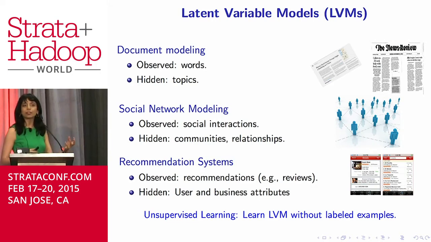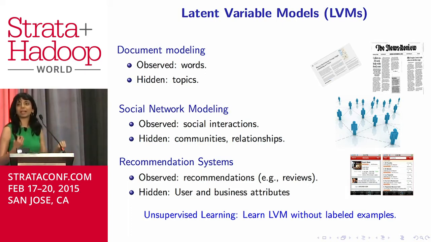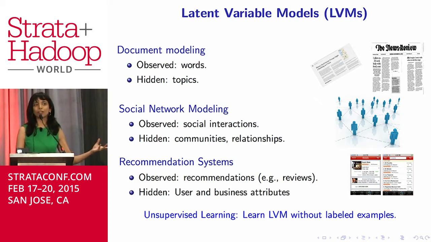Can I find these groups of both users and products in an efficient way and then use them to come up with better recommendations? This will not only give better recommendations, but also help us explore what are the different kinds of users that are liking these different products, and what kind of factors are driving them to like different kinds of products. So this will also be a more explanatory analysis of the data at hand.